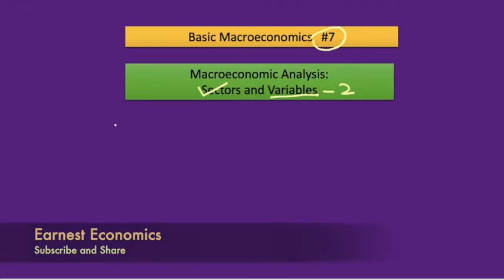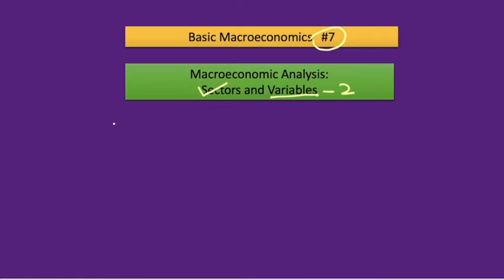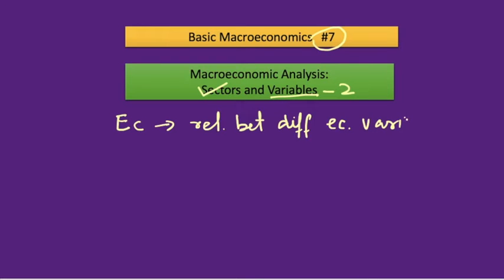Now you need to keep in mind one very important thing about economics, and it is that economics is about the relationship between different economic variables. Yes, it is a very important thing that we need to keep in mind.